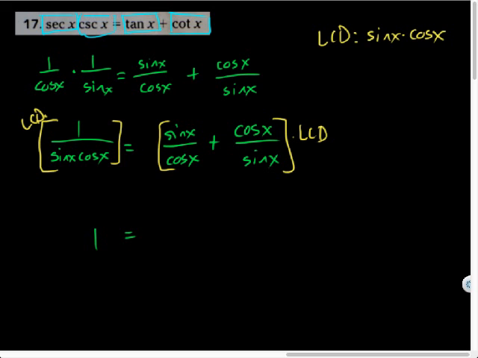And let's see, over here, this LCD is going to be distributed to both of these fractions, mind you. So this guy's being multiplied by that. The cosines would cancel out, and I'd be left with sine x times sine x, or sine squared x, technically a little bit more specific. And over here, the sine x would cancel out with the sine x, leaving cos times cos, or cos squared x.